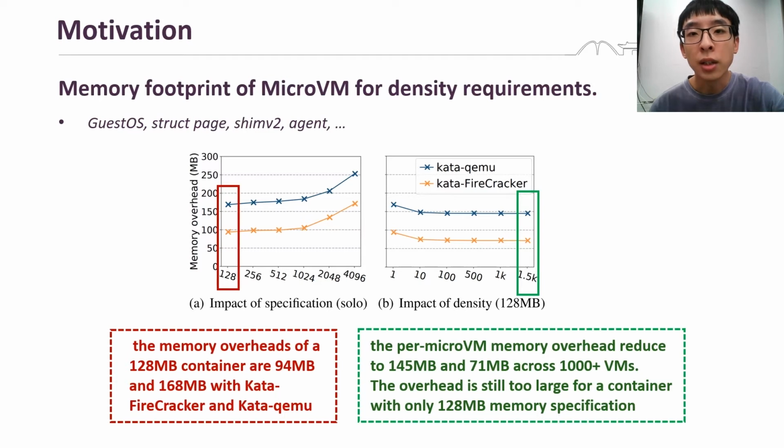However, the overhead is still too large for a serverless container with only a 128 MB memory specification. Our second insight is that the current microVM introduces heavy memory footprint in serverless computing, where small memory specification containers dominate.